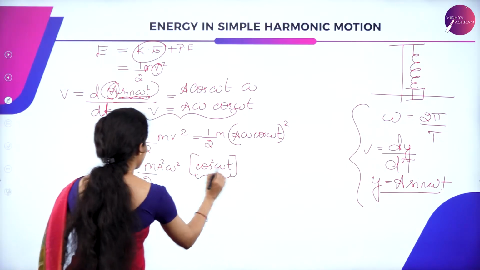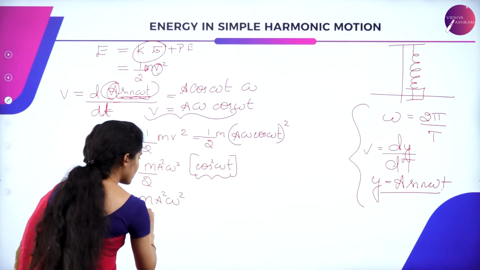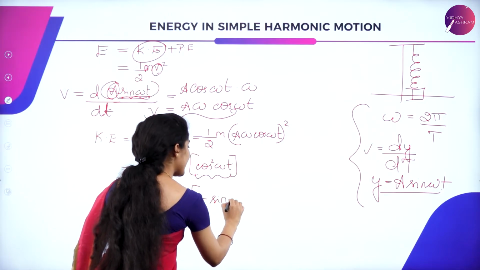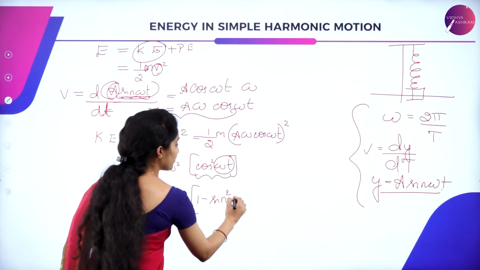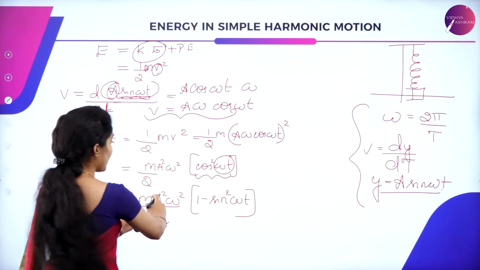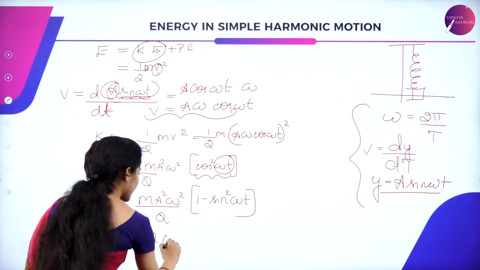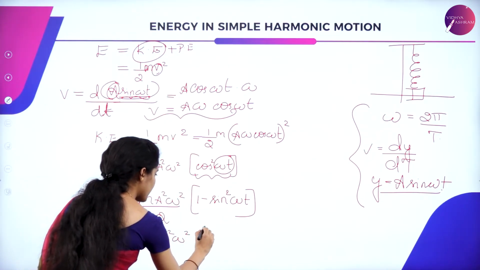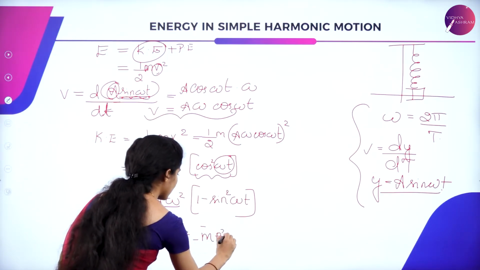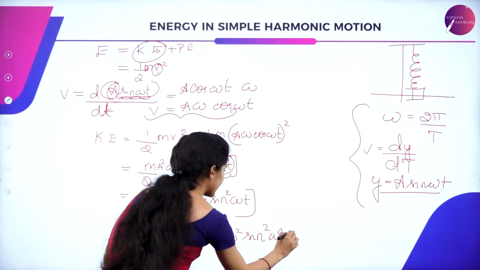So this can be written as m a square omega square by 2 into 1 minus sine square, and in the place of theta we have omega t. Now again you will have to expand everything. So it becomes m a square omega square minus m a square omega square sine square omega t.